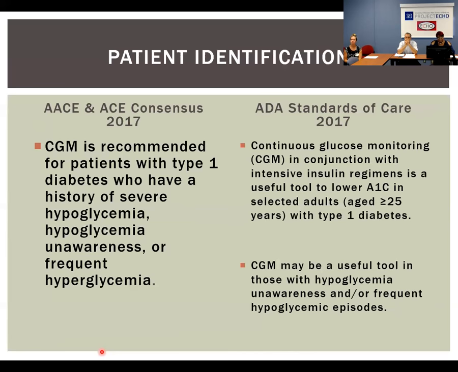The folks that I did not put here who are also benefiting from CGM are those folks with type 2 diabetes who are on sulfonylureas, secretagogues, insulin, anything that could potentially cause them to have a hypoglycemic event. Those are the people that you're going to be looking for in your practice for putting on CGM, as well as those folks who are not at goal and you can't quite figure out what is going on.